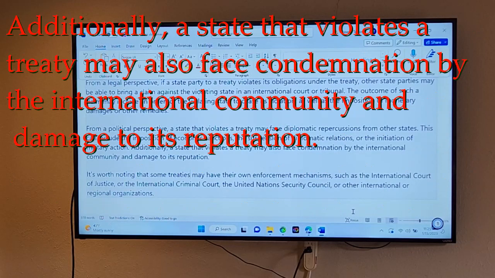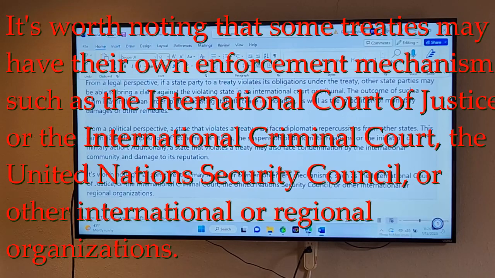Additionally, a state that violates a treaty may also face condemnation by the international community and damage to its reputation. It's worth noting that some treaties may have their own enforcement mechanisms, such as the International Court of Justice, ICJ, or the International Criminal Court, the United Nations Security Council, or other international or regional organizations.